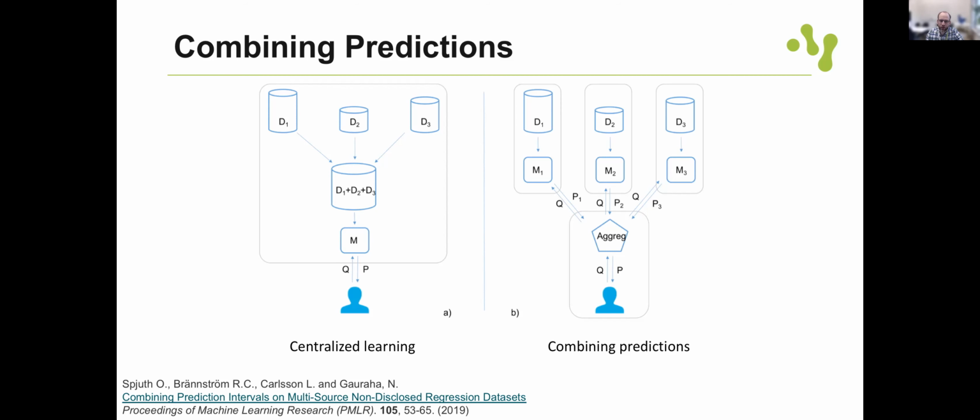So we were working on trying to say, okay, but can we aggregate results from predictions, so that we would send the query on the right-hand side here to the different models, each trained locally, and we would then aggregate the predicted results. In this case, it was prediction intervals, and see that if we combine these predictions, can we improve that, so that they would not share data, but they could share results from a prediction.